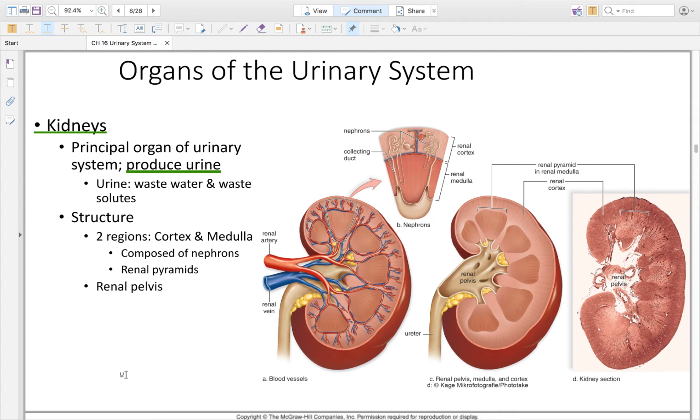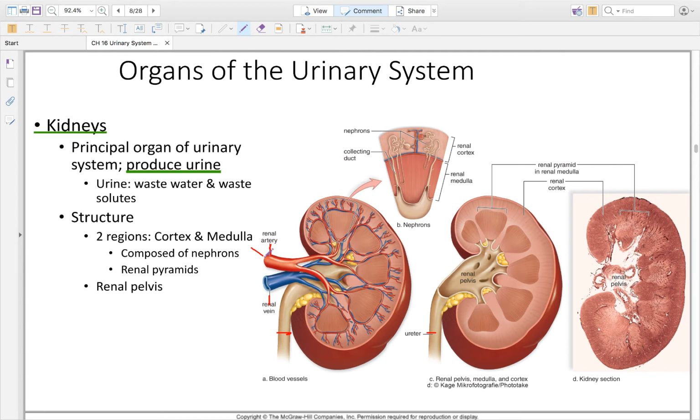Now we're going to look at the anatomy closely here, because there's two major structures. Before I get into the structures, I want to point out a couple things. There is your ureter right here. There's the renal artery and renal vein. Now, what do arteries do?